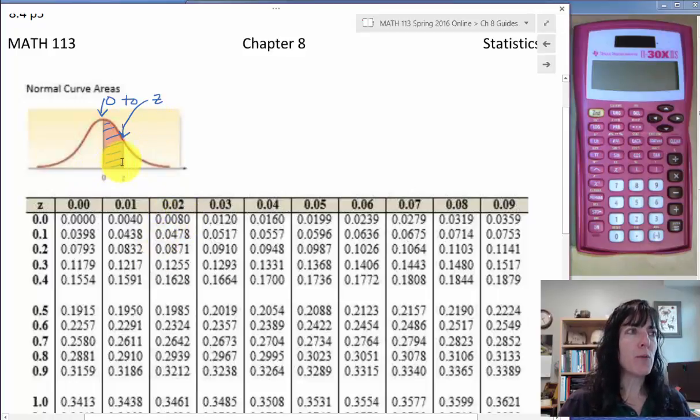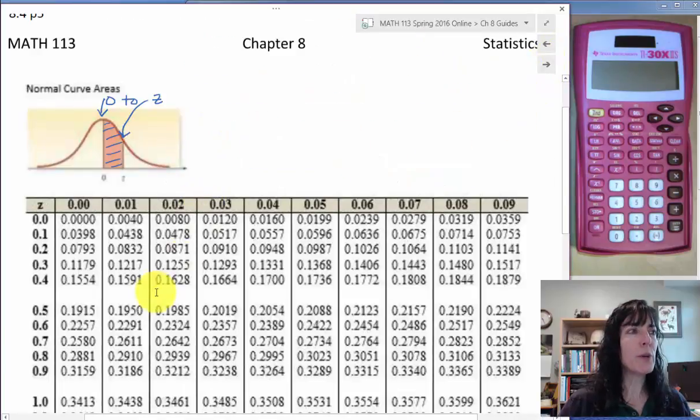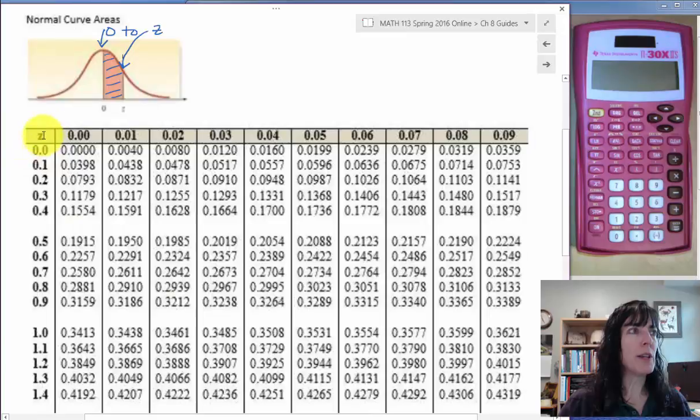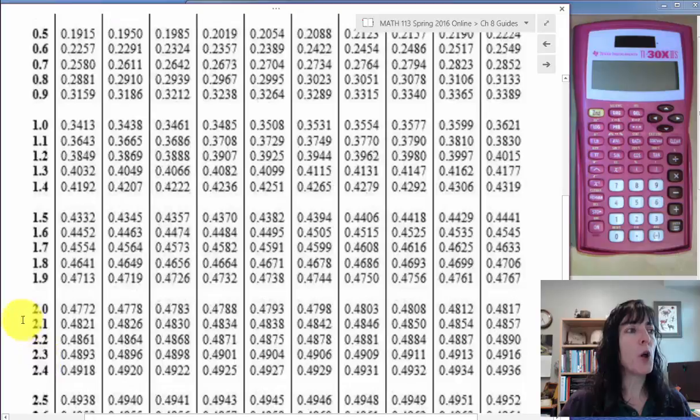So let's take a look. We're going from 0 to, in this case, we were looking for Jesus's score. He has a Z score of 2.14. So if we look at the table, we come down the left side where it says Z and keep sliding down until we see 2.1, because it was 2.14. So we take the first 2 digits and we're looking here in the 2.1 column, and then we go over to, this is 2.10, 2.11, 2.12, 2.13, 2.14 right here.